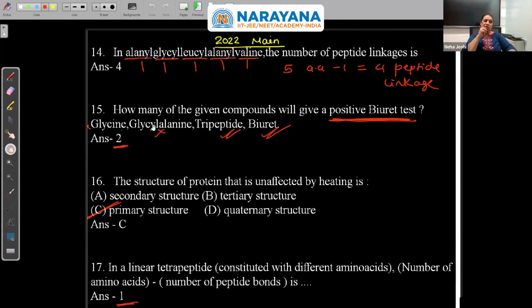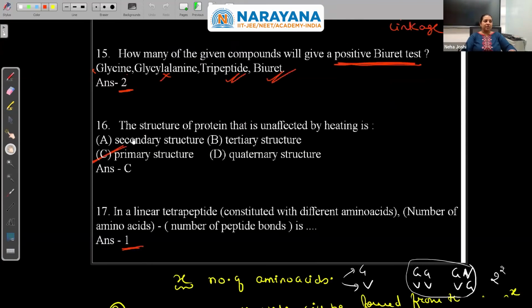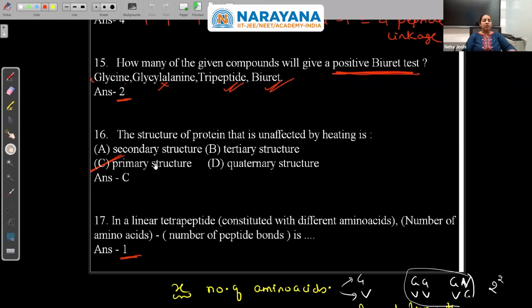Glycine and alanine will have only 1 peptide linkage, so they also will not give it. A tripeptide will give the biuret test. The structure of protein that is unaffected by heating is the primary structure. Is that clear? So that is how the questions have been framed.